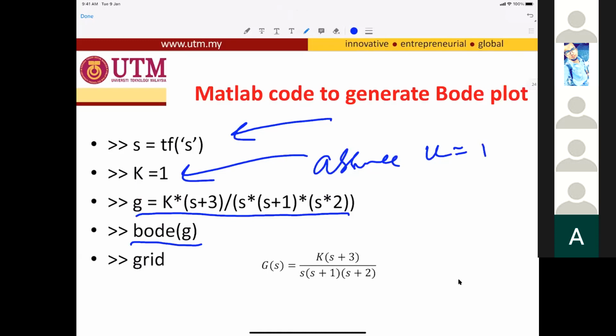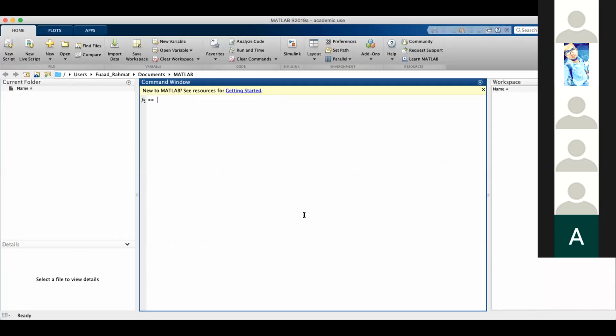Open your MATLAB. So s is equal to transfer function.